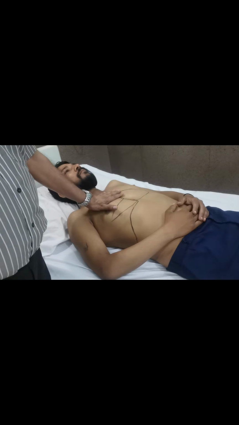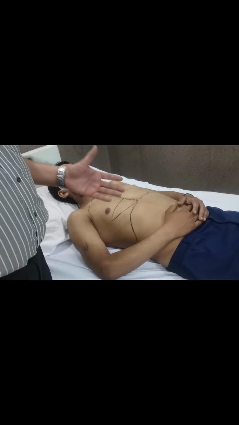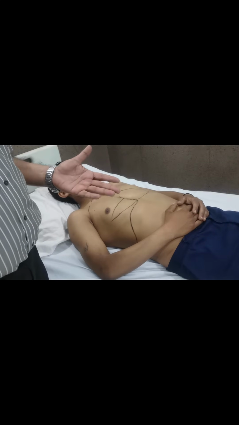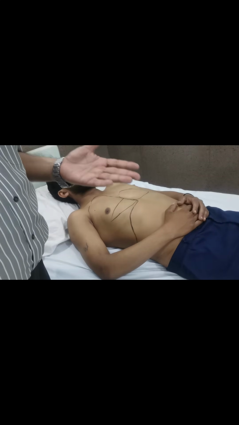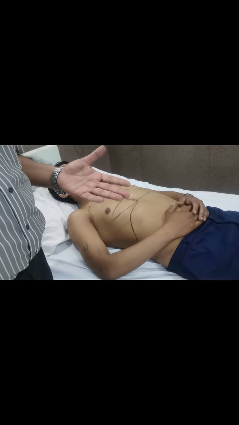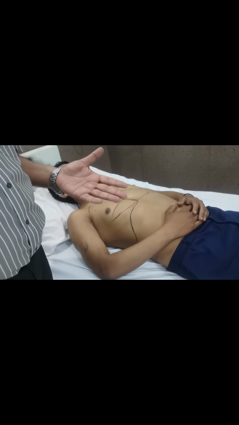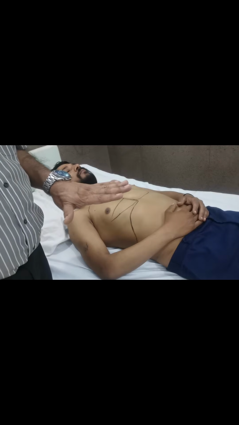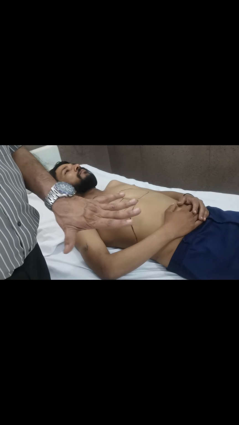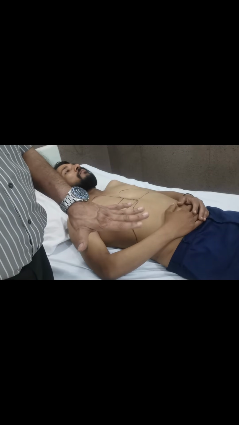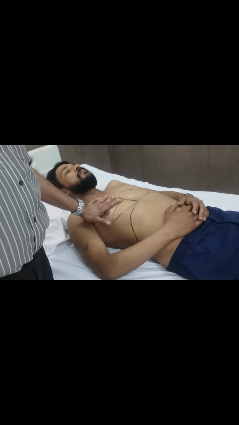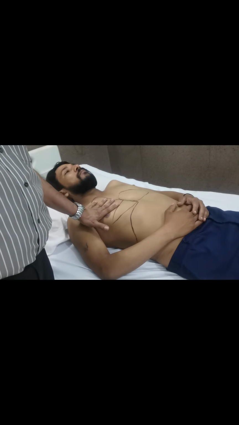For the percussion of the chest, the first thing is that you should know how to perform the percussion and how to keep your hands and use your right hand for this percussion. Your left hand or the fingers should be extended and they should be in firm opposition of the chest wall.